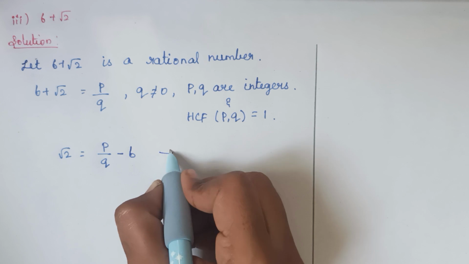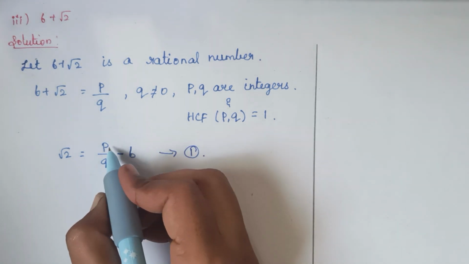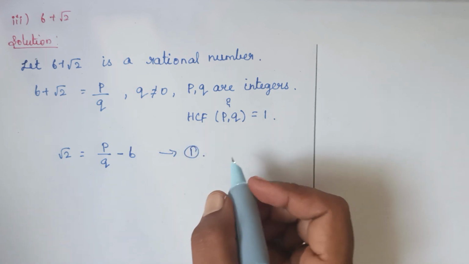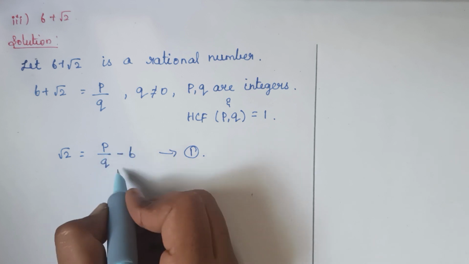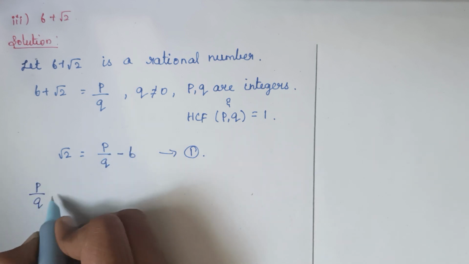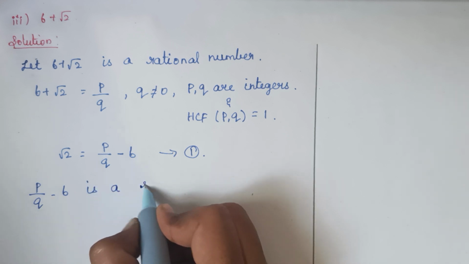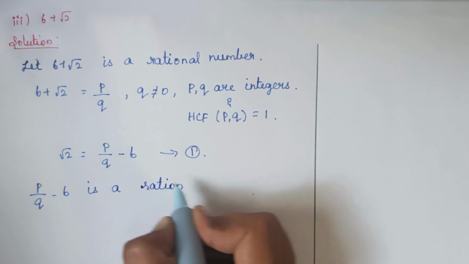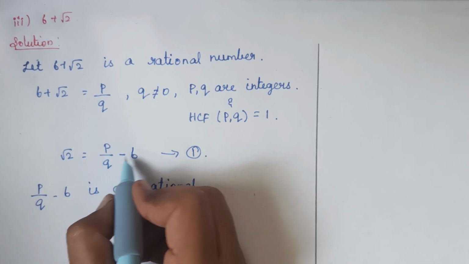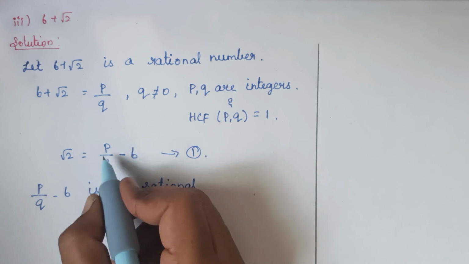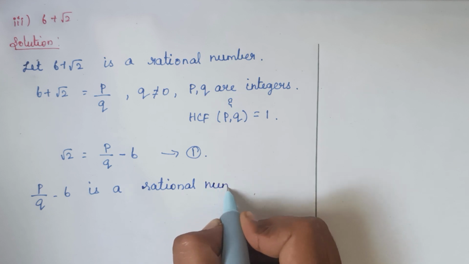Okay. So we'll keep this equation as number 1. We already know that P and Q are integers. So if P and Q are integers and we simplify this, we will get P by Q minus 6 as a rational number. Okay. Suppose 3 by 6 minus 6, if we simplify P by Q minus 6, we get a rational number.